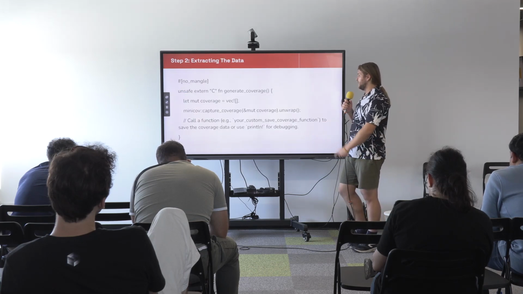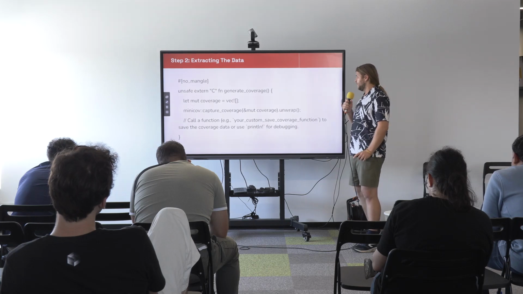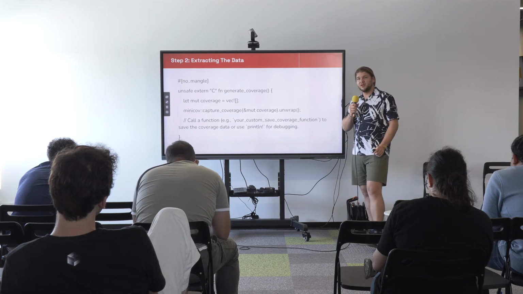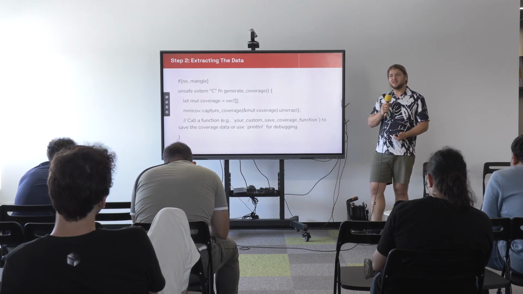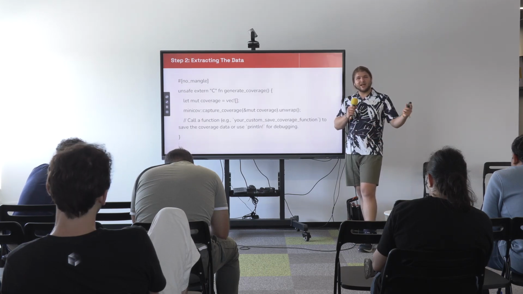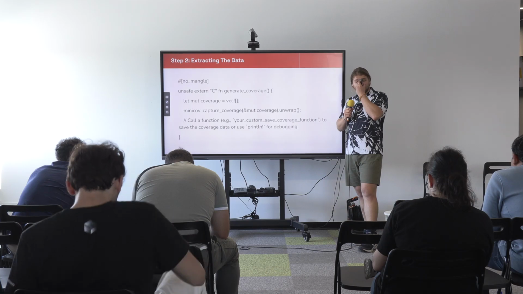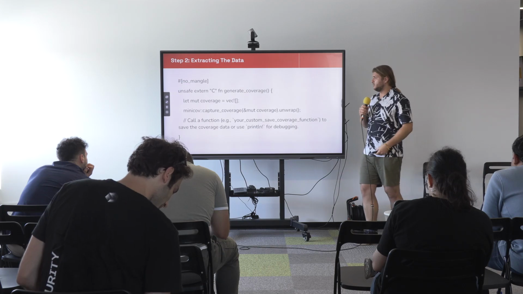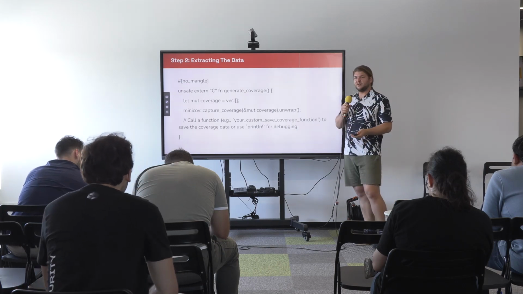So to get the data out, I looked up some tooling and I found MiniCov, which is made for embedded environments, a Rust tool that scans all the profiler data that's generated, and it allows me to directly manipulate it, to capture it like this.